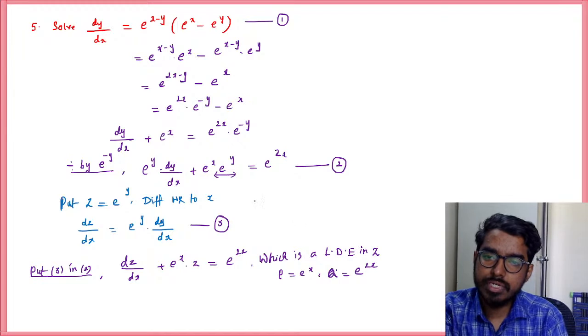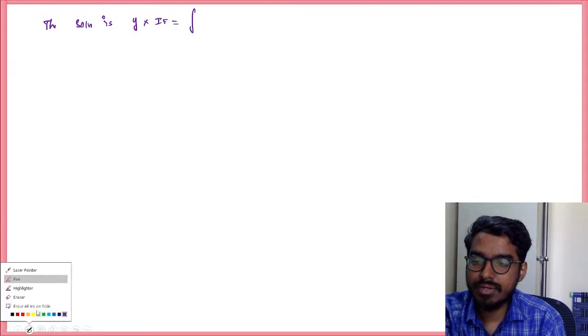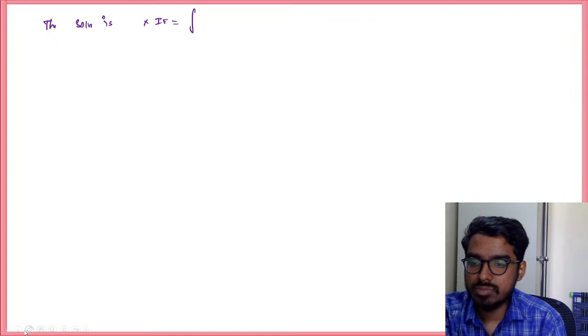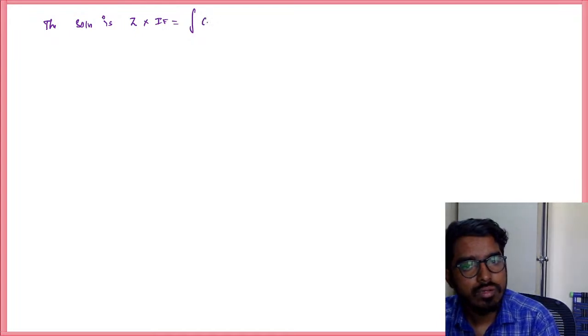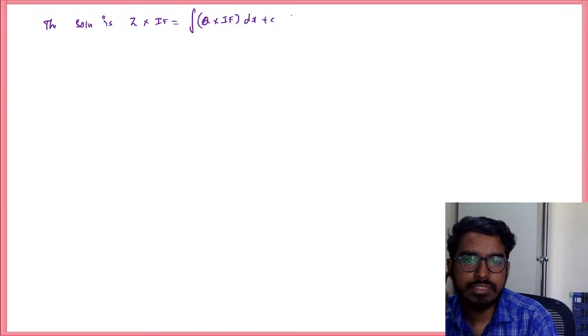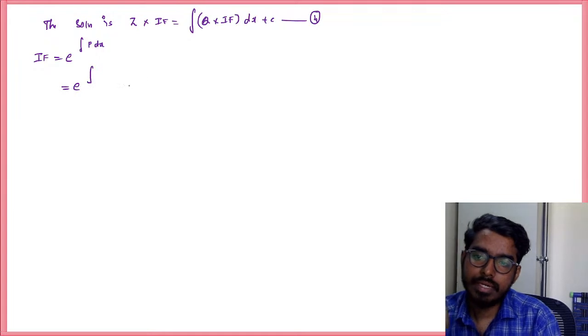Solution is z into integrating factor is equal to integration of q into integrating factor dx plus c. Now to find the integrating factor, we have e power integration of p dx.